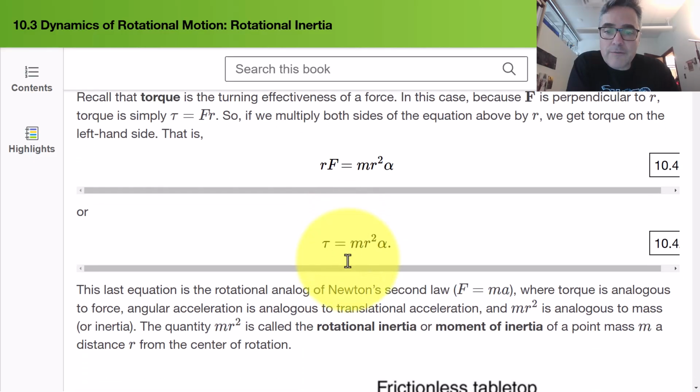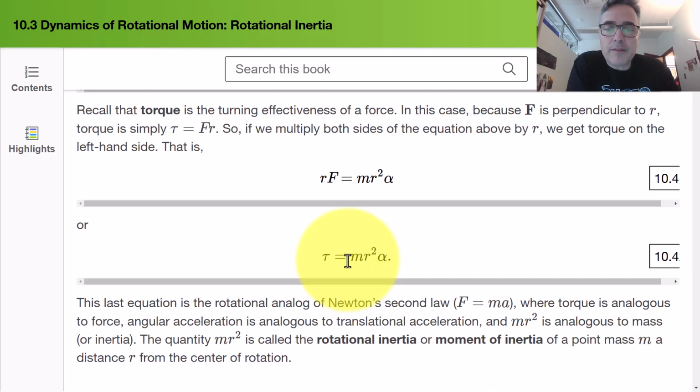They go through a derivation and come up with, for a particular mass, torque equals m r squared times alpha, where m is a point mass going around on a circular path. This is called the rotational analog of Newton's second law. F equals ma: instead of F, you've got torque, and instead of a, you've got alpha, the angular acceleration.